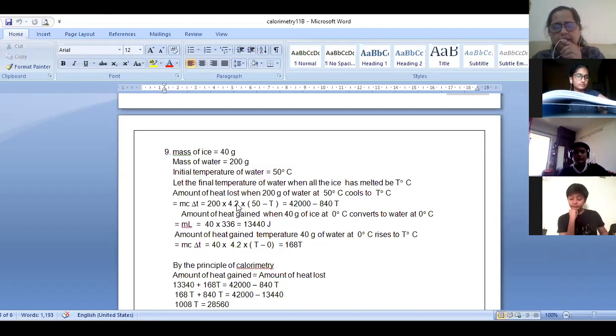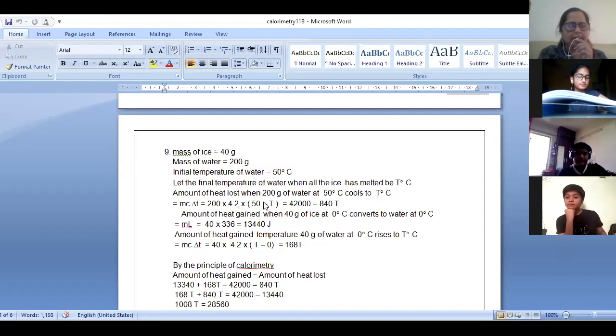And the latent heat of fusion of ice, if it is joule per gram, is 336, but if it is joule per kg, it is 336 multiplied by 10 raised to 3. Here I am taking grams, so that is why I converted 4200 to 4.2 joule per kg per Kelvin.